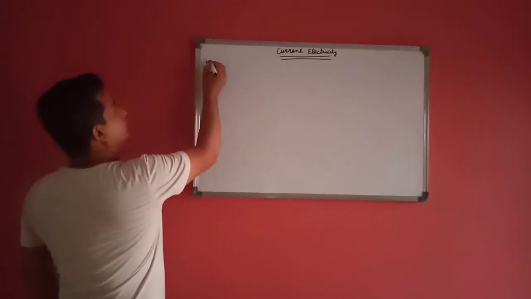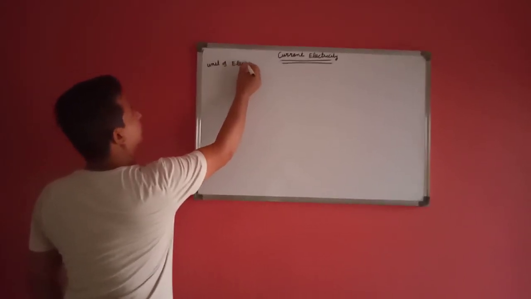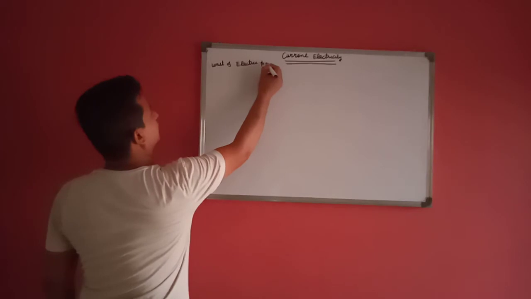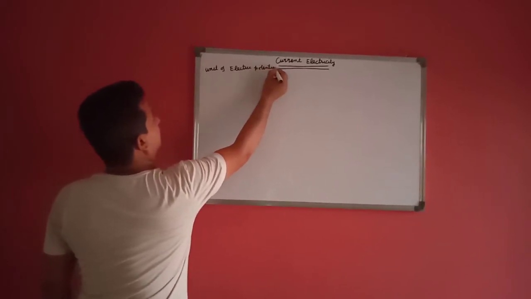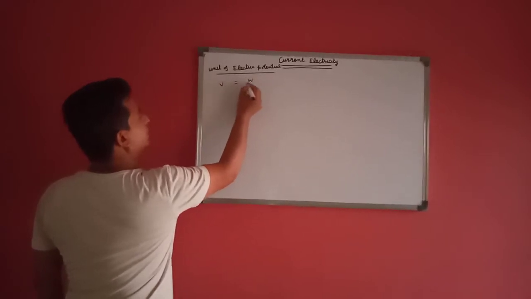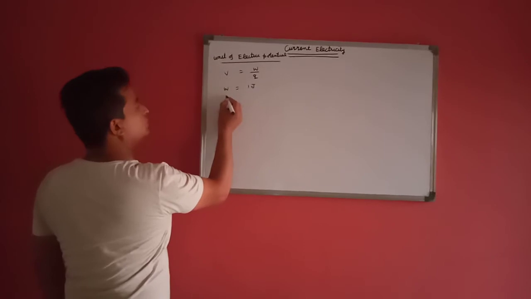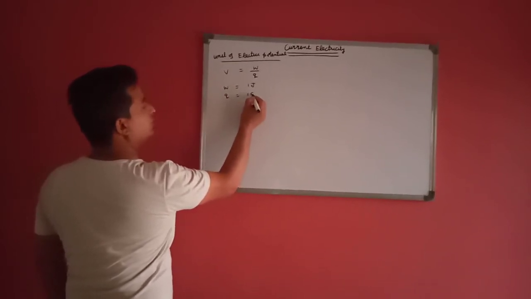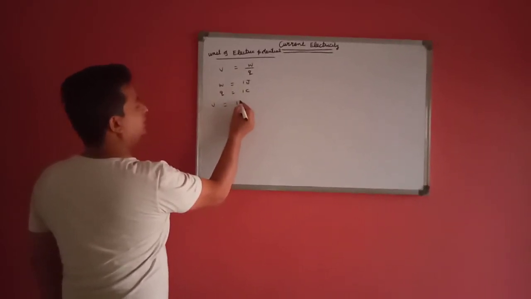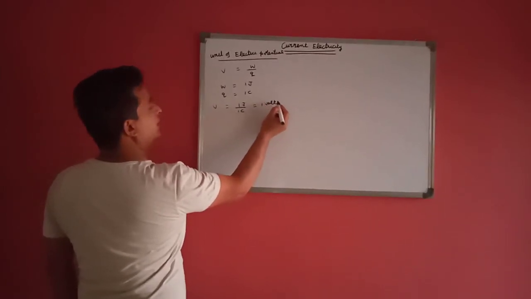Unit of electric potential. As we know, potential V is W upon Q. We take W as 1 joule and Q as 1 coulomb, then V is 1 joule per 1 coulomb, which is 1 volt.